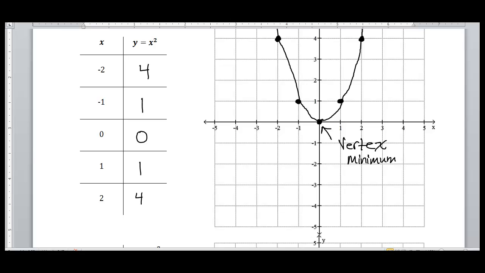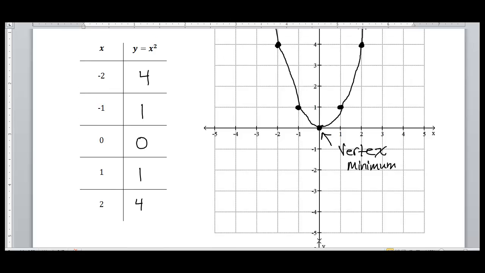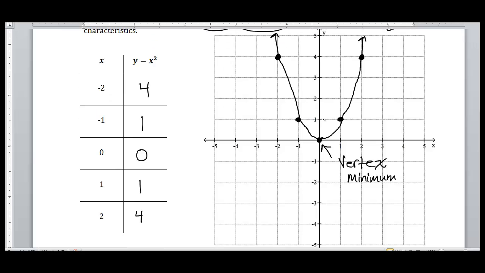Another property about these graphs is that, and it's probably a little hard to tell with the picture that I've drawn here, but if I look at this y-axis, if I were to put a mirror on this y-axis and look through one side of the mirror, I should be able to see the other side.